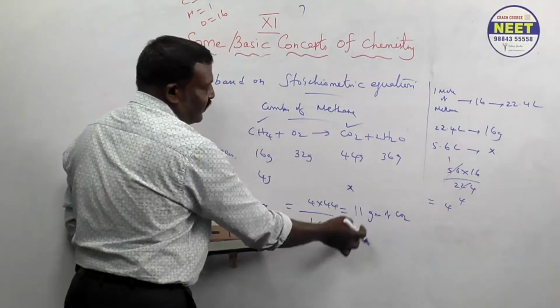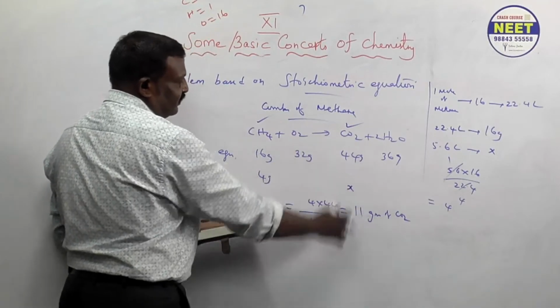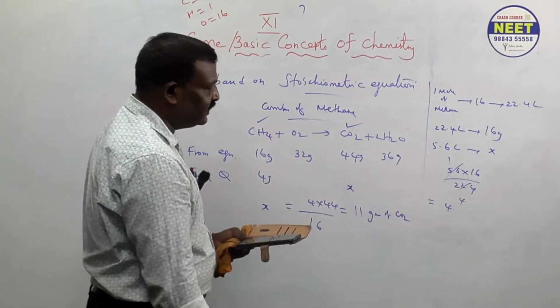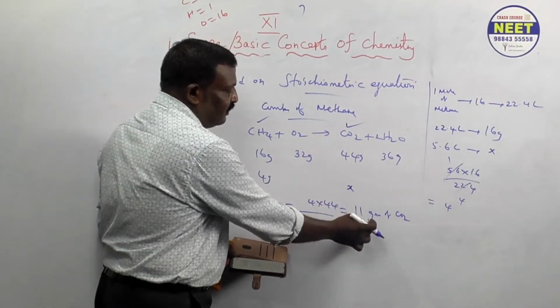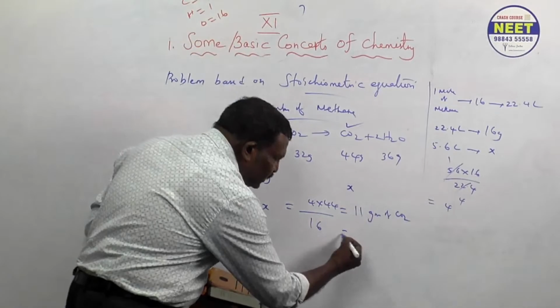You compare. Very easy, at the same time very tough also. 11 grams of CO2, how many moles? You make them into moles.